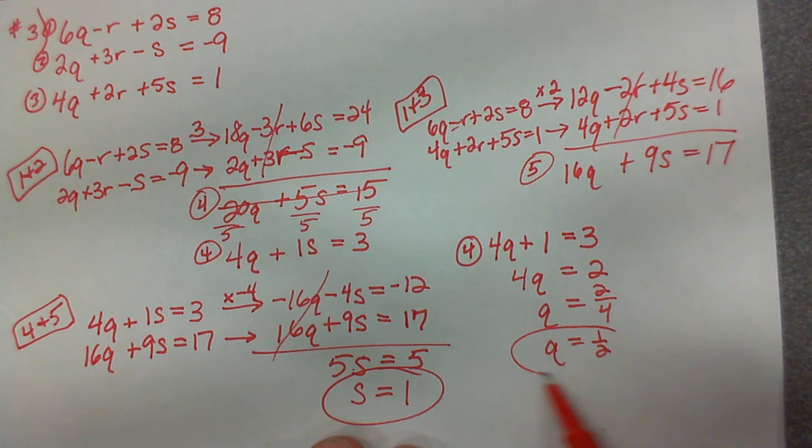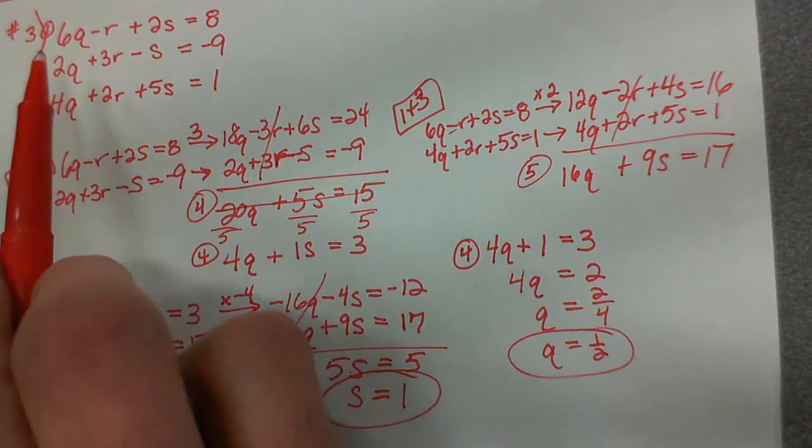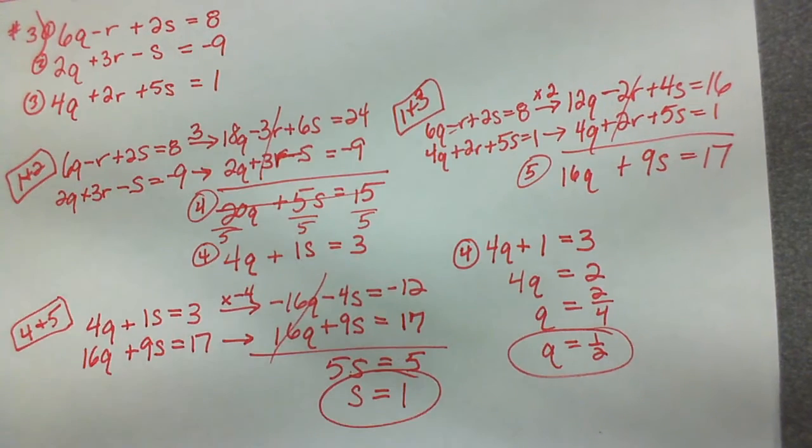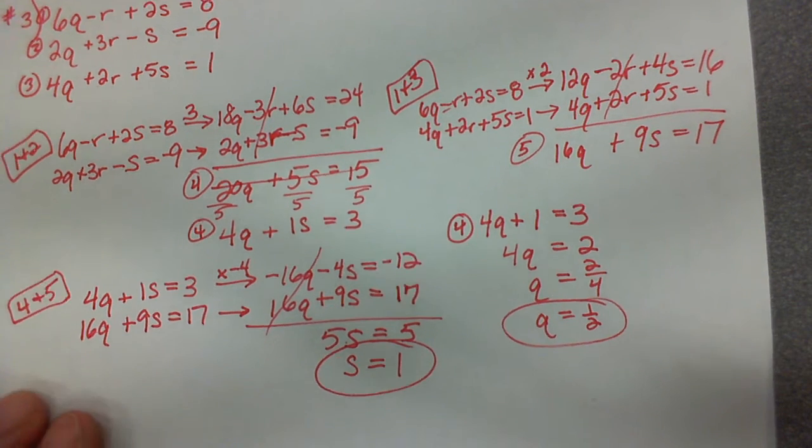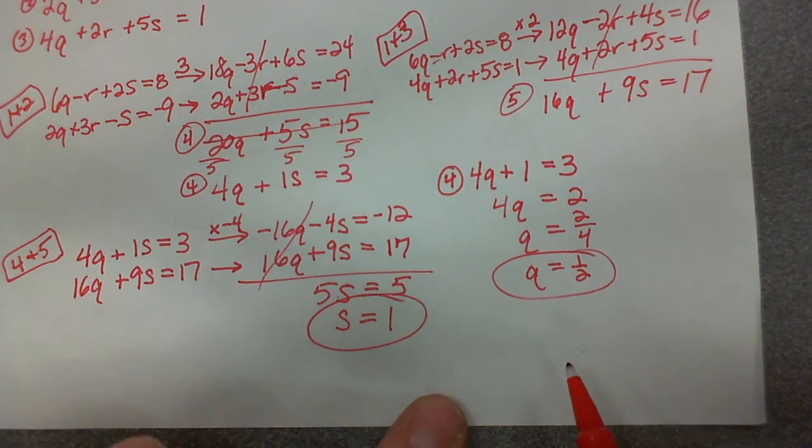So we've got q as a half, and then we got to plug back into one of the original ones in order to find the r, because that's the only place there's an r. So let's go ahead and plug it into one where there's a positive r. I'm going to plug into number 3 here.